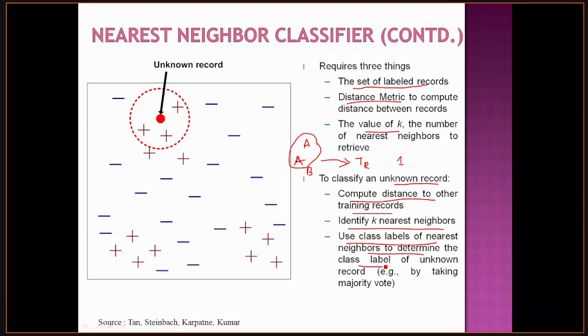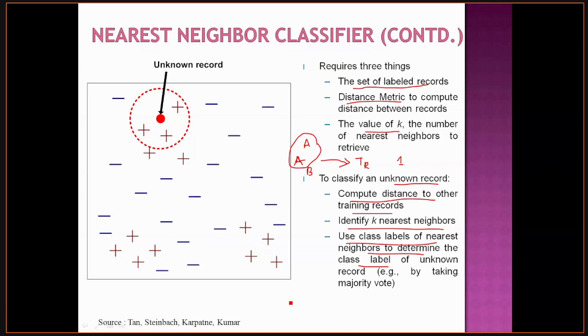Second, take the k nearest neighbors; if k is defined as 4, take the 4 closest training records. Third, take the majority of the class labels of those 4 records and use that as the label of the test record. So this is how we do it.